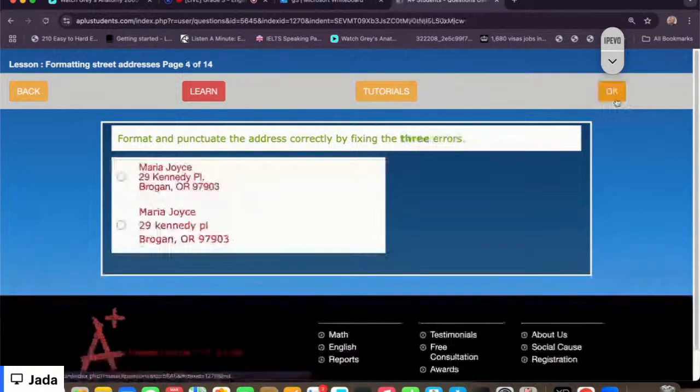So we have the next one, three errors here. Can you check and then tell me the right one here?